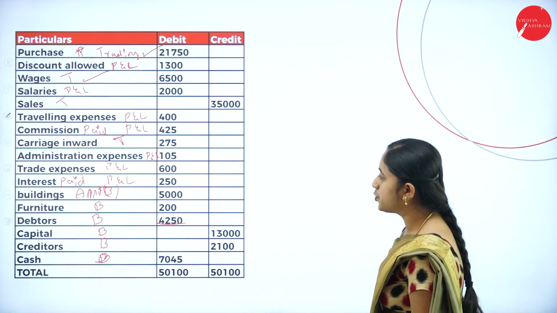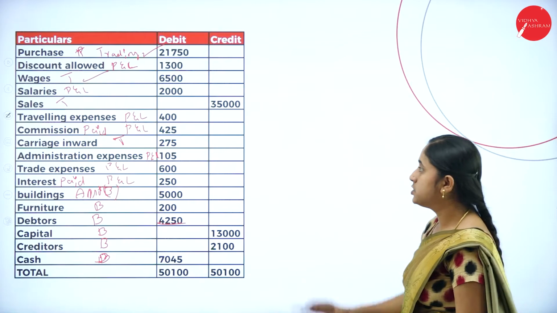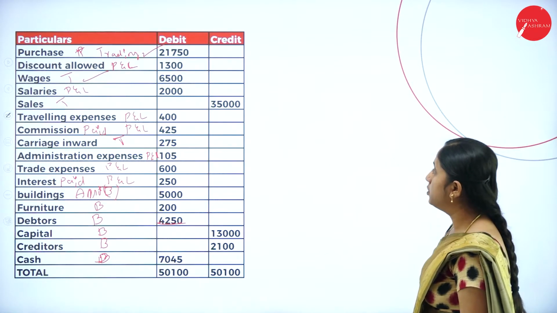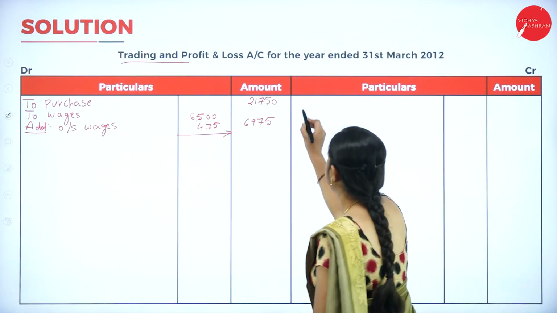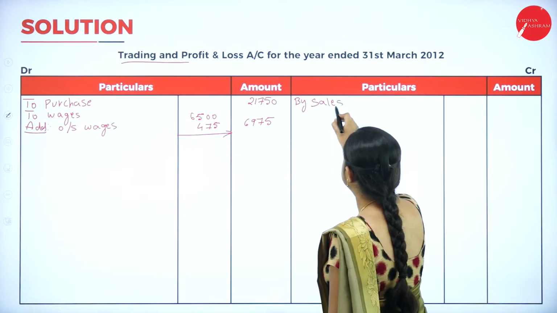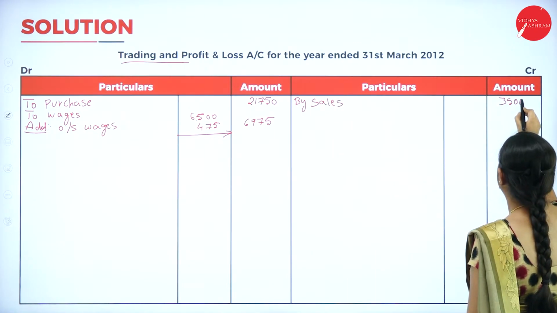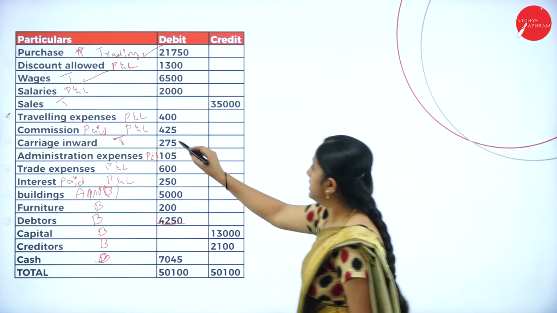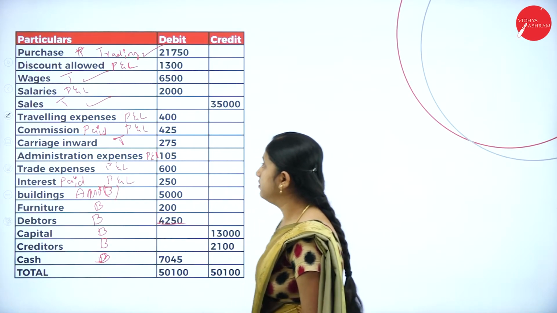In this problem, you don't have any sales return or return inwards, so write the sales amount directly in the outer column. By sales 35,000. Sales finished.